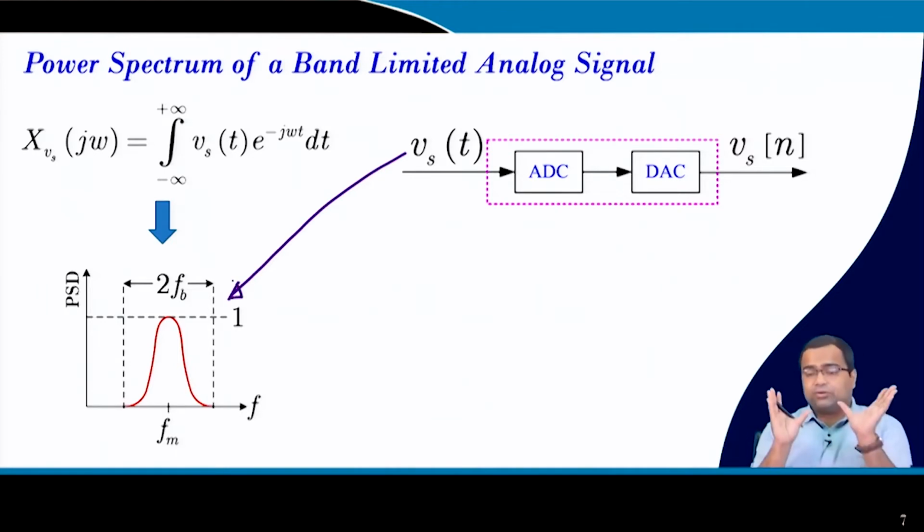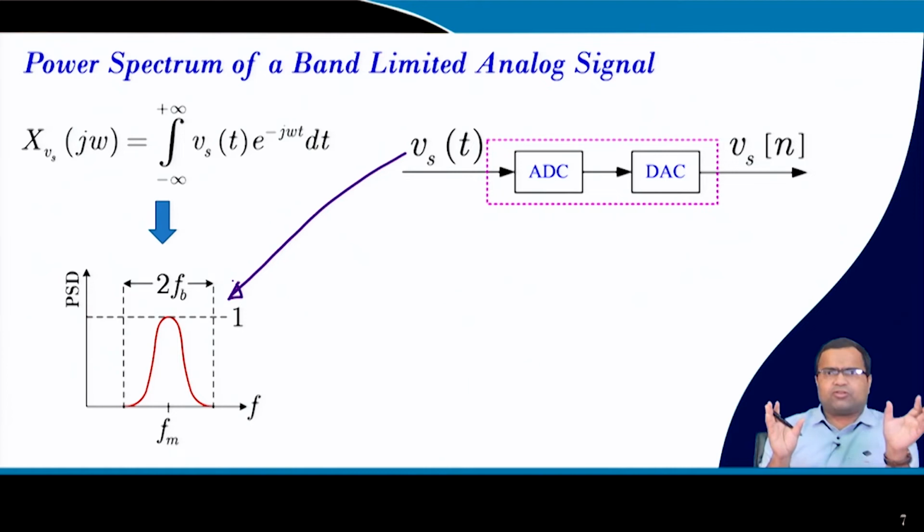And I told you that in a switching converter, generally we have a feedback sensor, and the feedback signal will also have some band. So, for this band limited signal, the power spectral density looks like this.